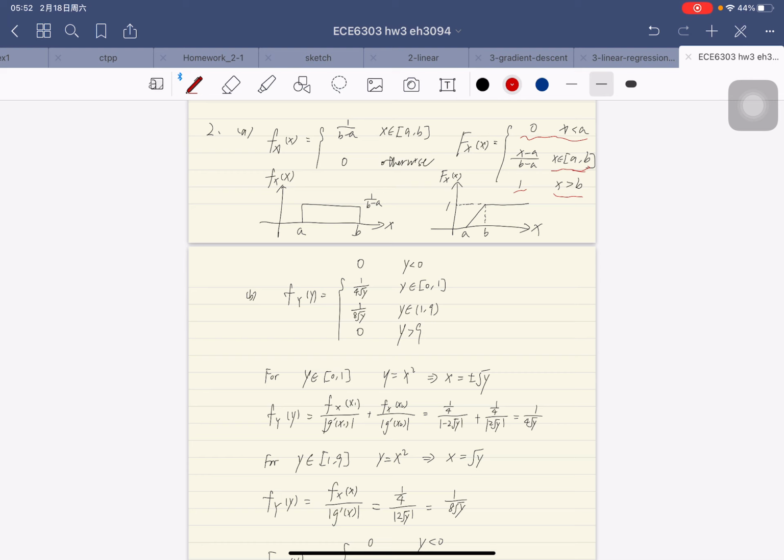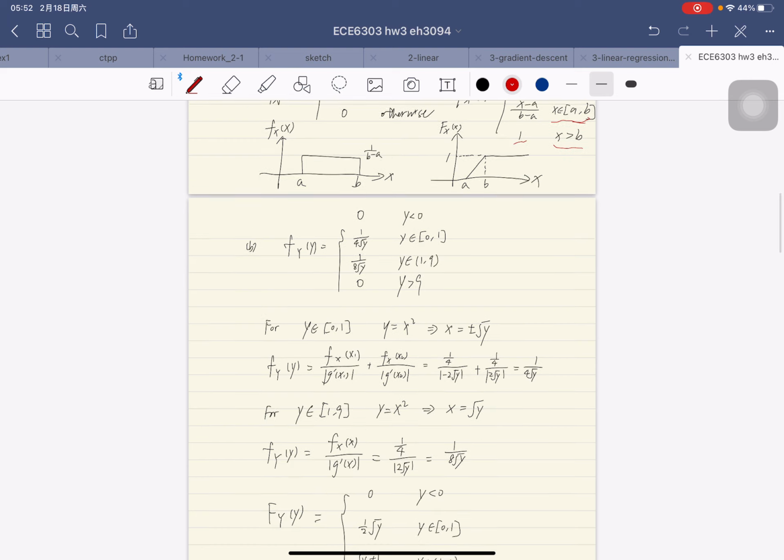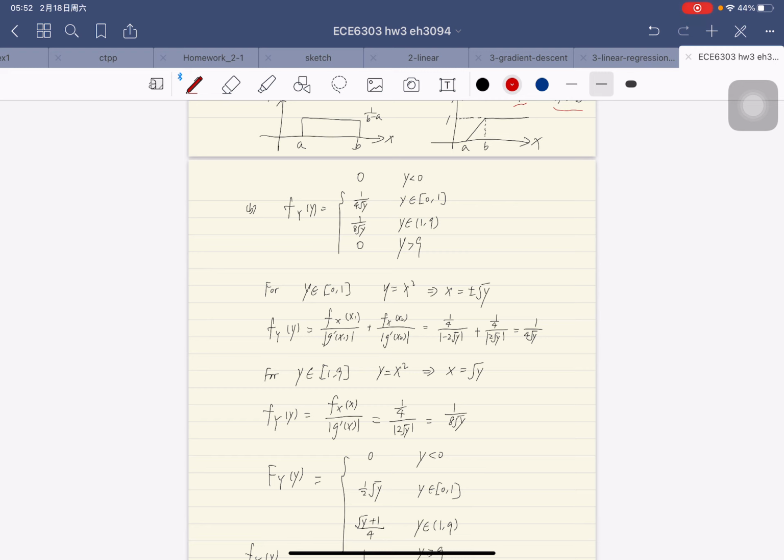Okay, so for the second problem, we should first know that y equals x squared, so that when y is in 0 to 1, we should know that x will be minus plus the square root of y, because it is corresponding to the interval, the determining of x from minus 1 to 1.